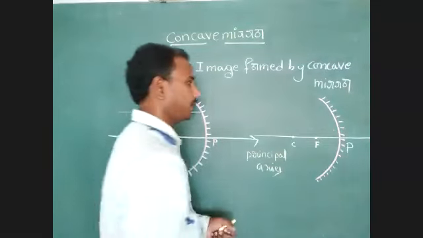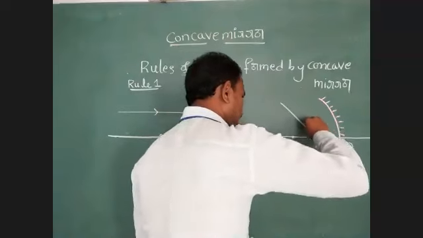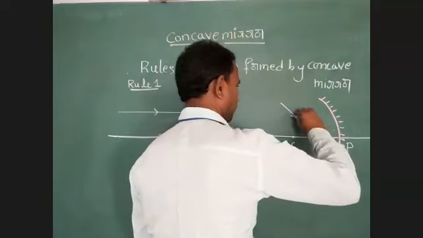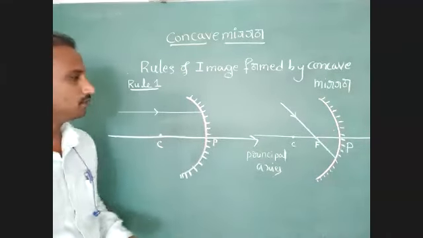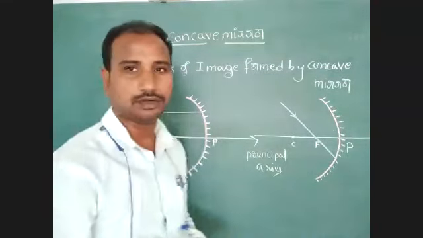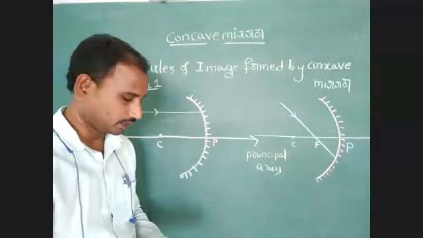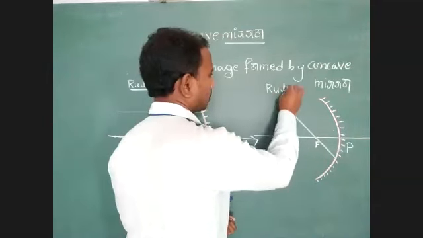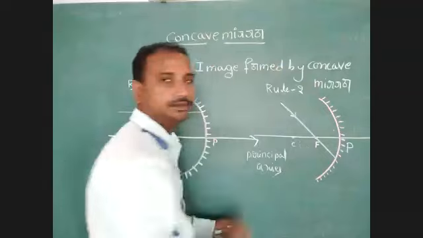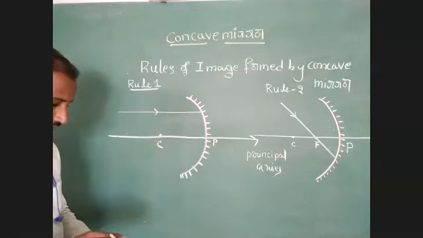If a ray of light is passing through the principal focus, it is rule 2. After that, we have to find the direction of the reflected ray. Okay, students, condition 1, condition 2, condition 3, you have to identify.